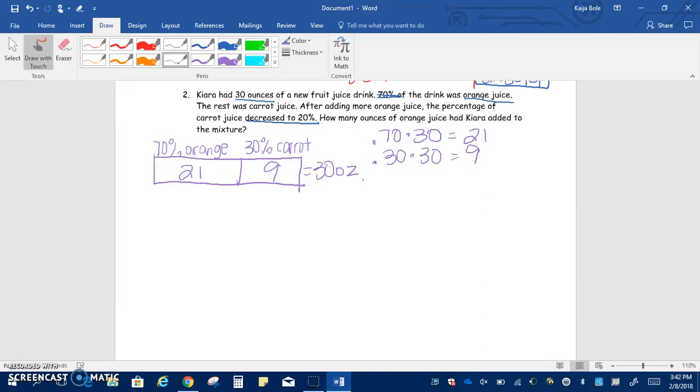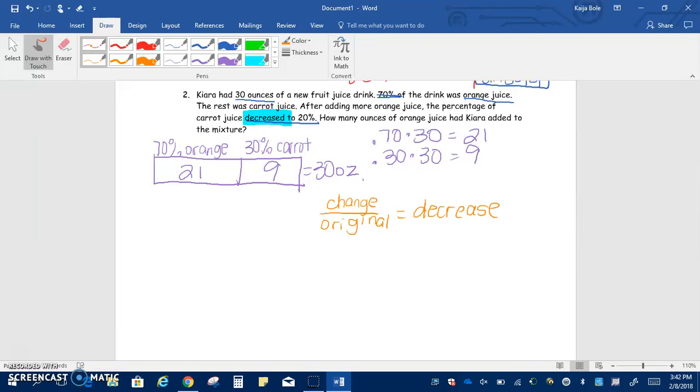Right here, we have to go back and look at this key word. They said decrease to 20%. So that's kind of our clue that we might need to use our percent increase decrease equation, which remember was change over the original equals the decrease. Alright, so just keep that there in case we need it.